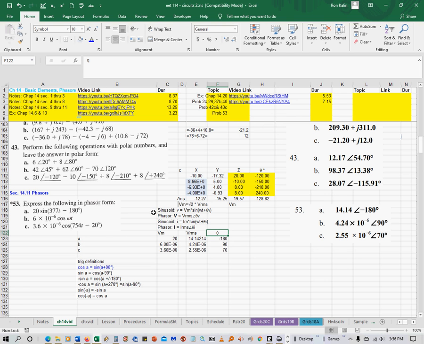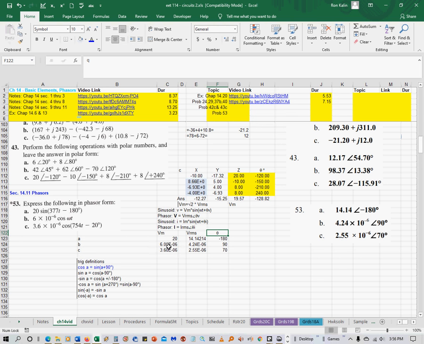So remember, if you have a sinusoid that looks like this, your phasor is like this, and you need to convert that max value to the RMS value. To get your RMS, you divide Vm by the square root of 2.